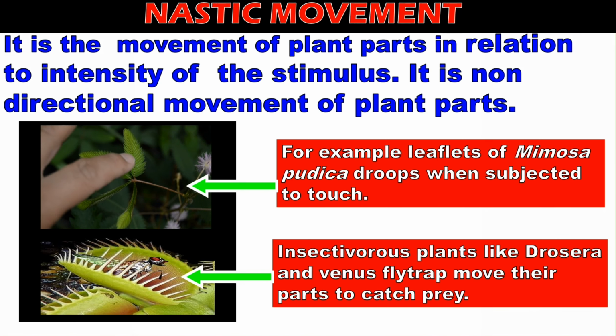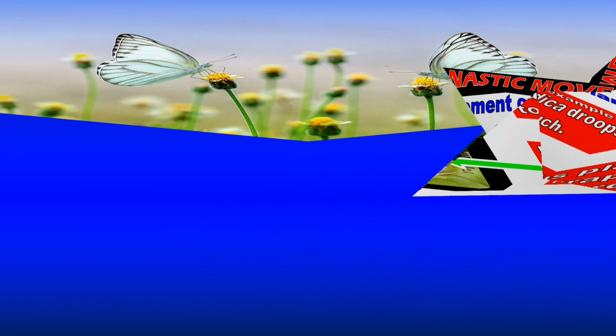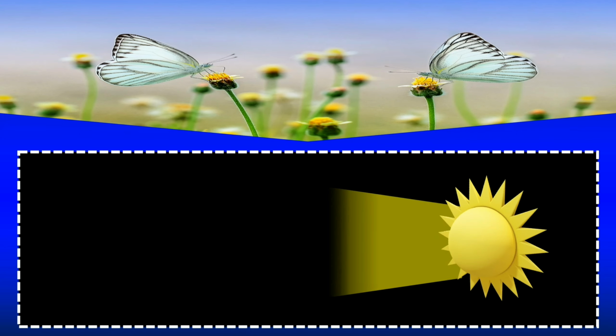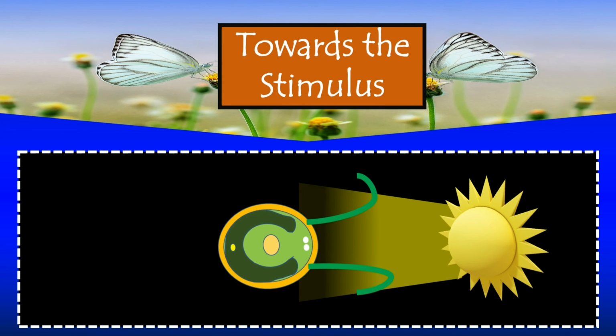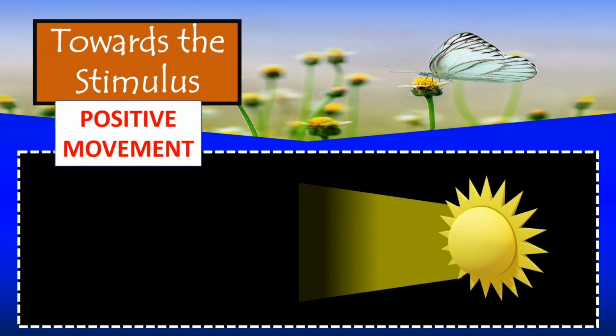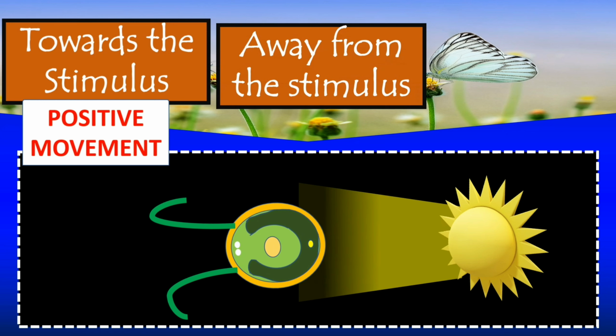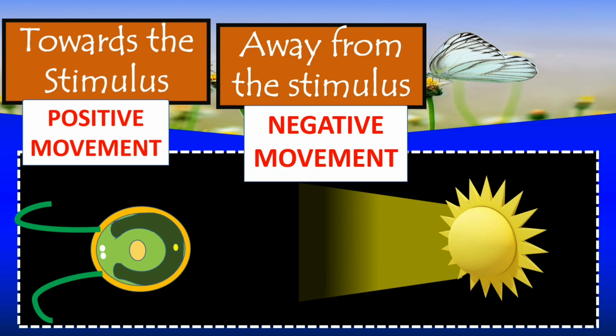The movement of plant can be positive or negative. If the movement occurs towards the stimulus, then it is positive movement, and if the movement occurs away from the stimulus, then it is negative movement.